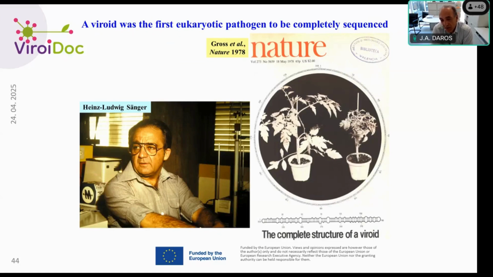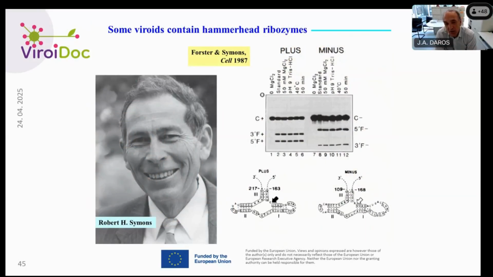And very important, this is also an absolutely remarkable result that was published in 1978: they were able to fully complete the sequence of PSTVd. I have worked with the same isolate for many years, and I have resequenced this isolate over and over again, and I can tell you that they didn't fail a single nucleotide. So an important milestone in viroid history.